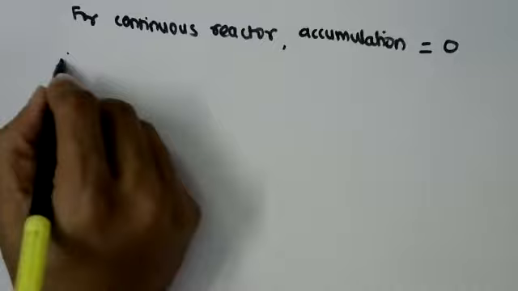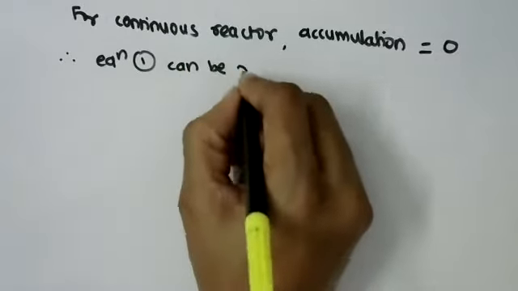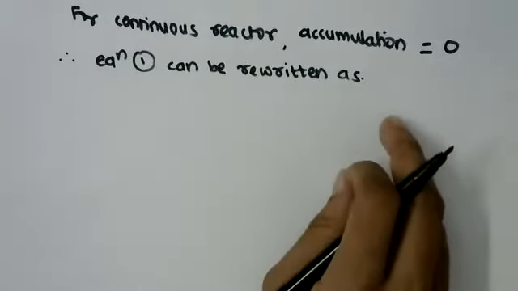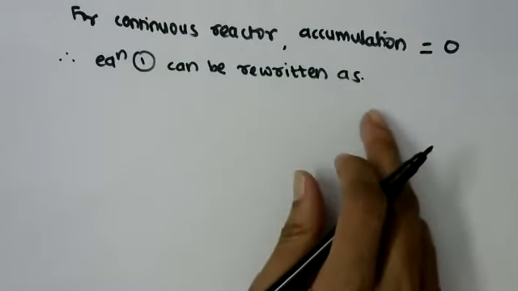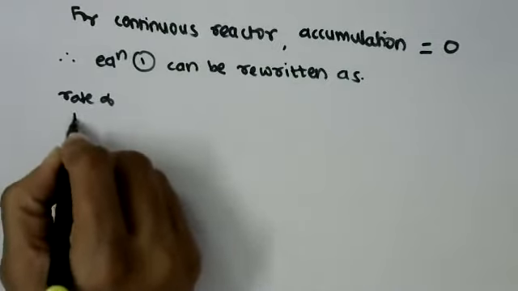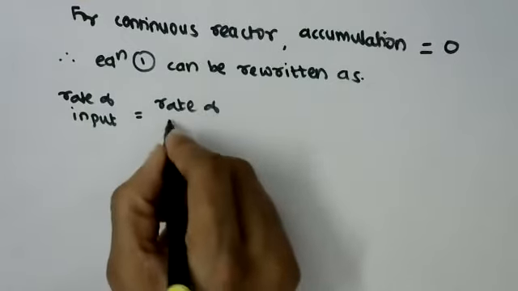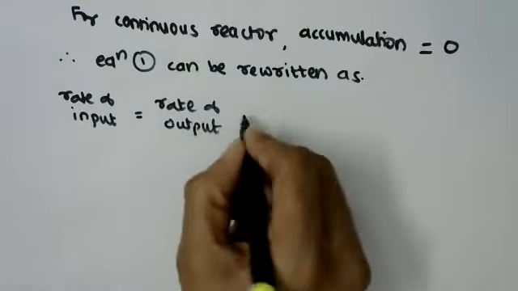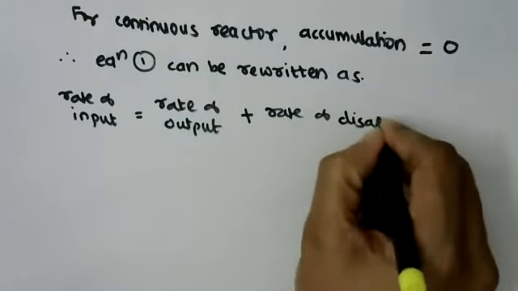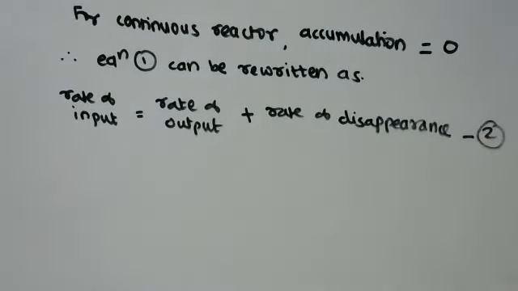Therefore, equation 1 can be written as: now I'll directly substitute the rate of accumulation equal to 0 in equation 1, and therefore the equation will be rate of input is equal to rate of output plus rate of disappearance. Say this is equation number 2.